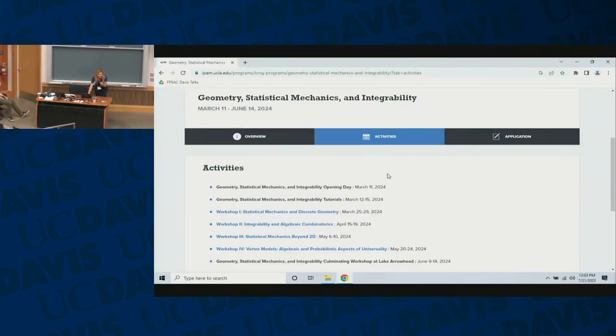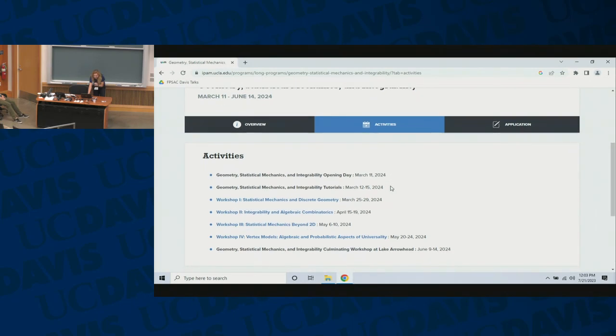Okay, so here are the activities associated with the program. Of course, you can apply. The deadline is in October if you want to be there for the whole program. There is a little bit of space left, but you can also come just for some workshops.